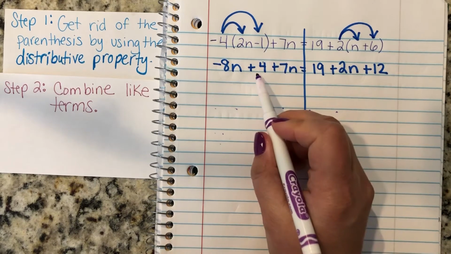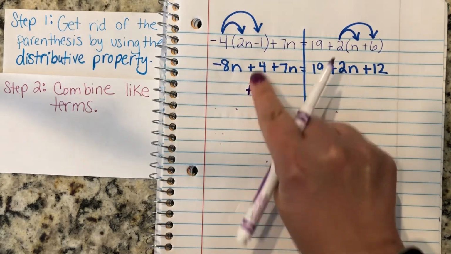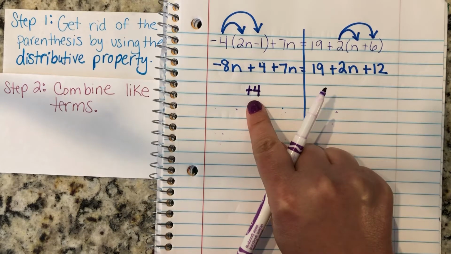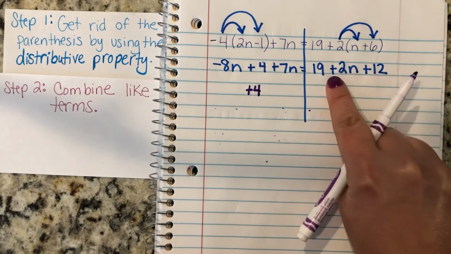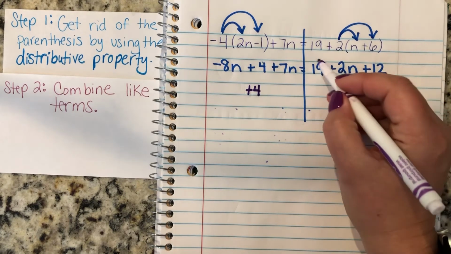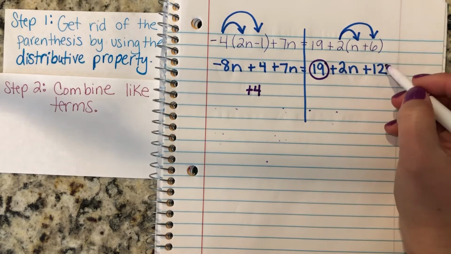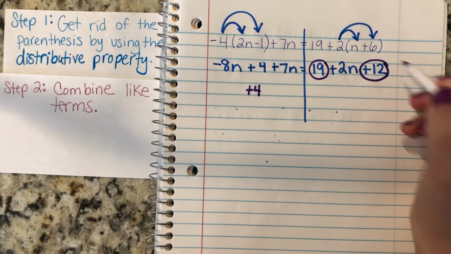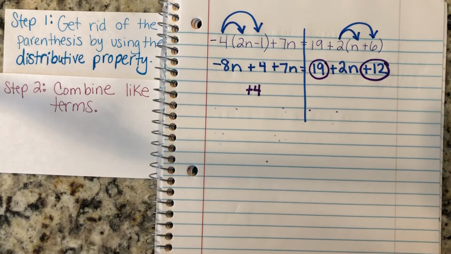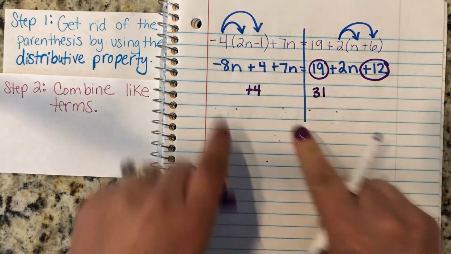So if I look at my constants, I only have a positive 4 as a constant on the left, and on my right, I see that I have constants that I can combine, right? So I've got 19, that's a positive 19 if there's no sign, and I'm combining that with a positive 12. So when I combine that, that's going to give me 31 for my constants, okay?